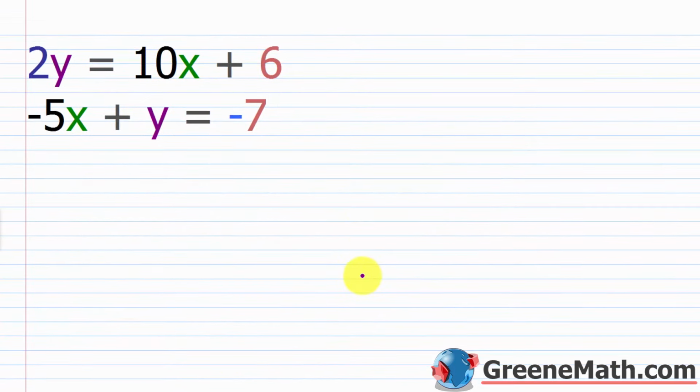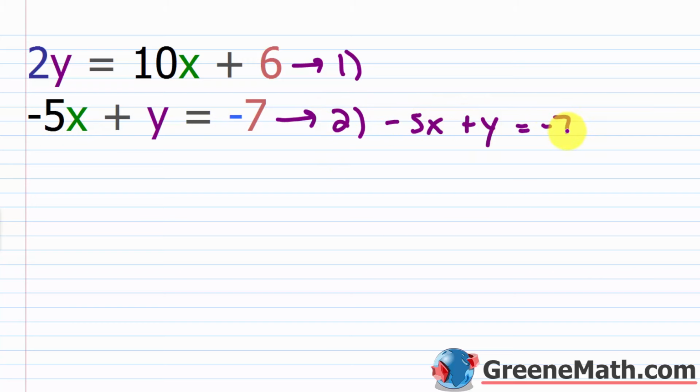So to show this with elimination, let's just start by making this equation 1. We'll label it. And again, I want these in standard form. This guy's going to be equation 2. For the one in equation 2, it's already ready to go. It's negative 5x plus y equals negative 7. Again, we're using a looser definition, so this guy can be negative. It's ax plus by equals c, where a, b, and c are just real numbers at this point.